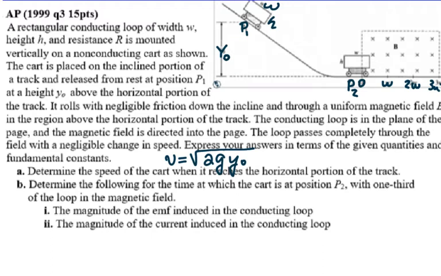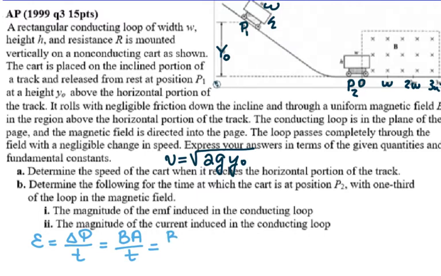For this part, we can use the formula for EMF. So for B, EMF is equal to the change of the flux over the time, and that will give me the magnetic field and then the area over the time.